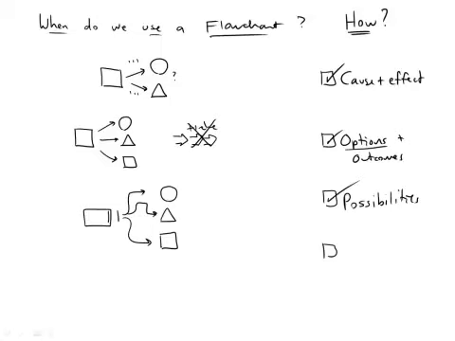And I think there is a fourth time when I want to draw a flowchart, which is when I want to literally show complexity. Let's face it, the problems that we face today are complex.